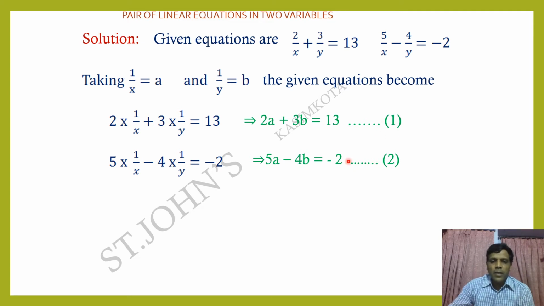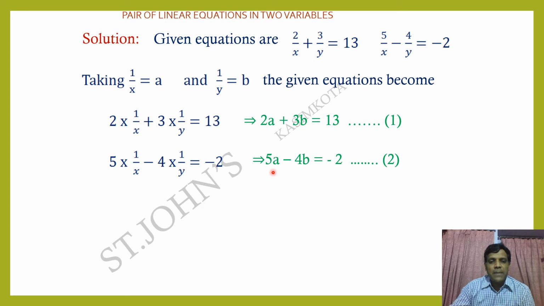Now if you eliminate the b term, 3b and 4b are not equal, and 2a and 5a are not equal. Suppose you eliminate the a terms: the first equation is multiplied by 5 and the second equation is multiplied by 2. Why? First equation multiplied by 5, 5 twos are 10a.